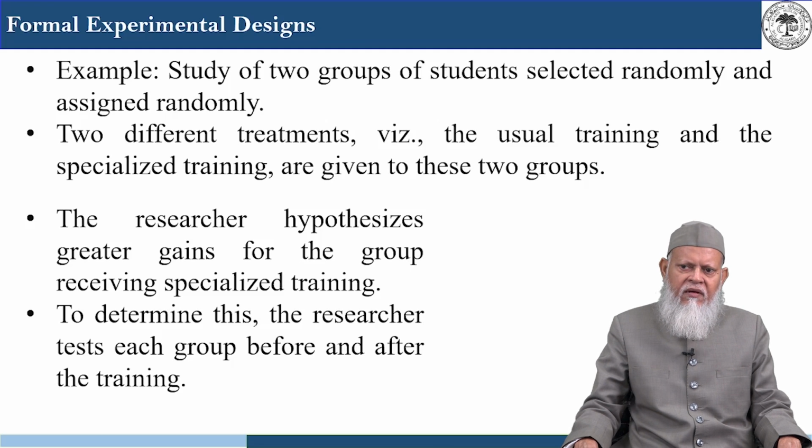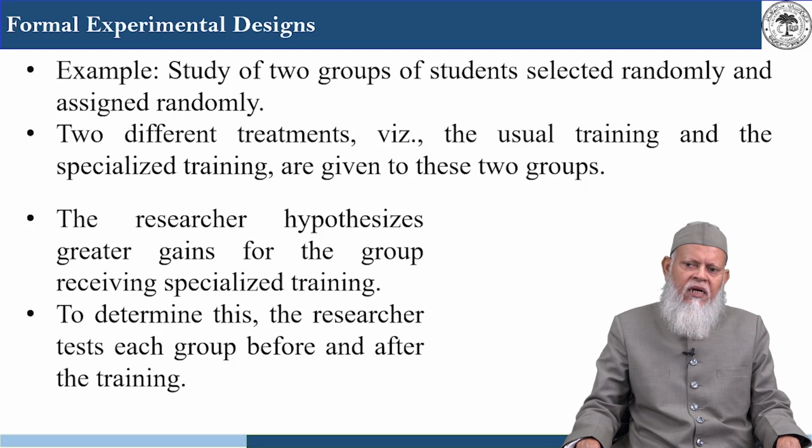Then again, what are we going to do? We are going to define the population, then make a sample on a random basis, and then we have to make the experimental group and the control group.